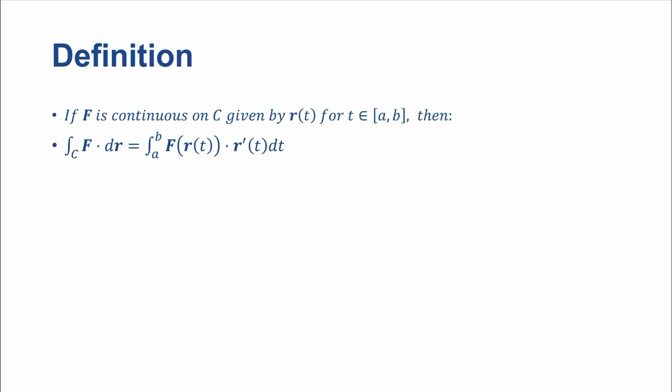Now this is very similar to the definition that we had in 3-dimensional space for continuous functions. The only difference here is we're carrying out a dot product between two vector functions: the force field with respect to the line parameterization dotted with the derivative of that line parameterization.